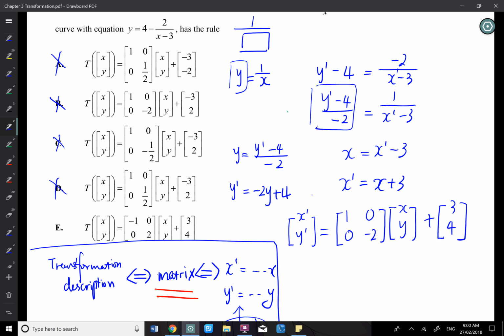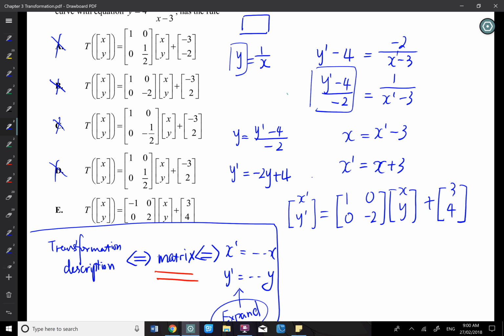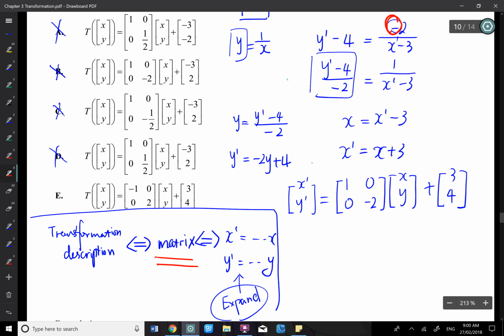But if you want to really work on this, you can analyze answer E, which means there must be a reflection on the X side, which means the negative sign can't be on the Y side. It must combine with the X. So this negative here, in red, shouldn't be there.